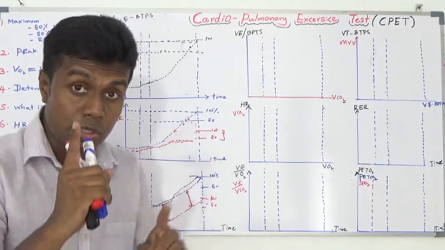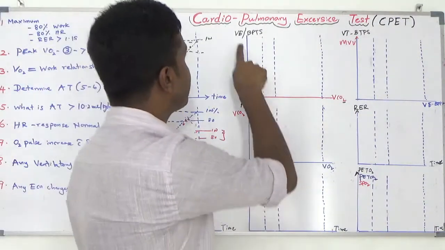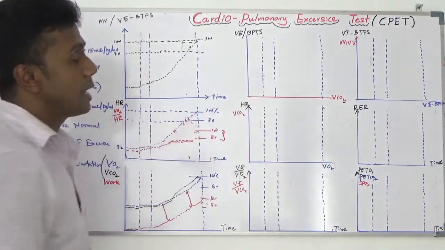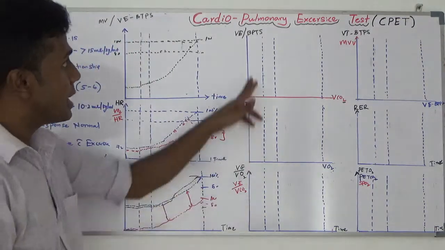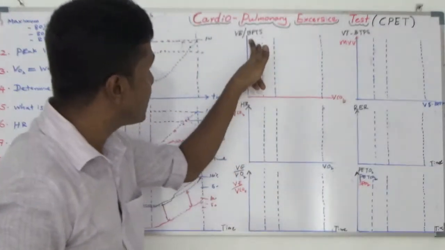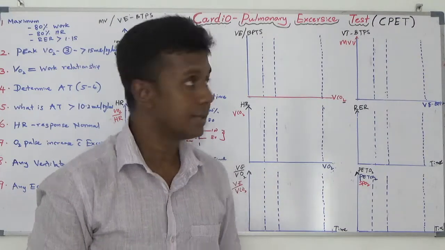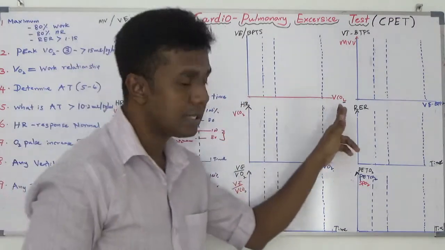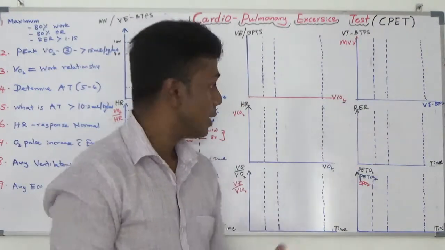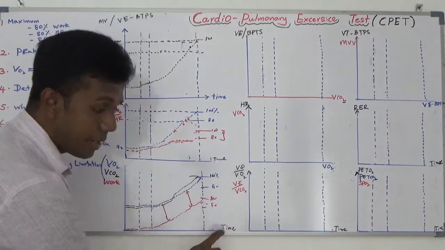We are going to move to curve number 4. 1, 2, 3, 4. Here, again, volume of gas we are going to take into the lung, body temperature, ambient pressure and saturated water vapor. Like here. Here VCO2. All these axes, here time, here time, here time.